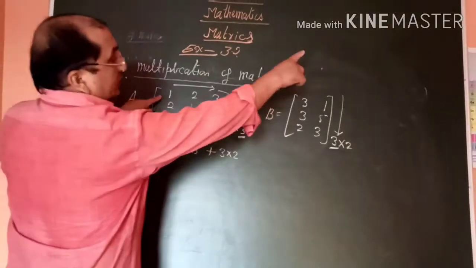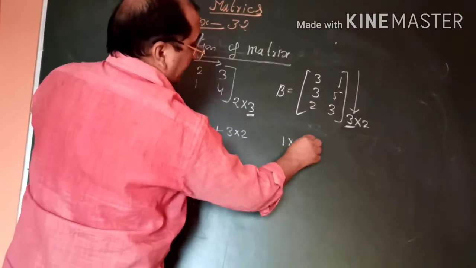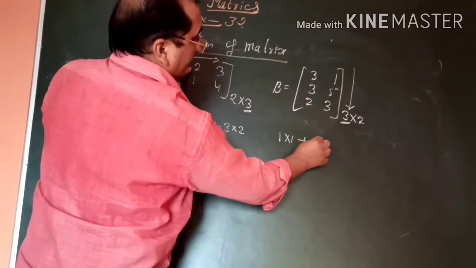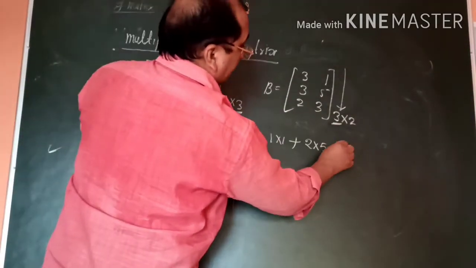Then first row, second column: 1 into 1 plus 2 into 5 plus 3 into 3.